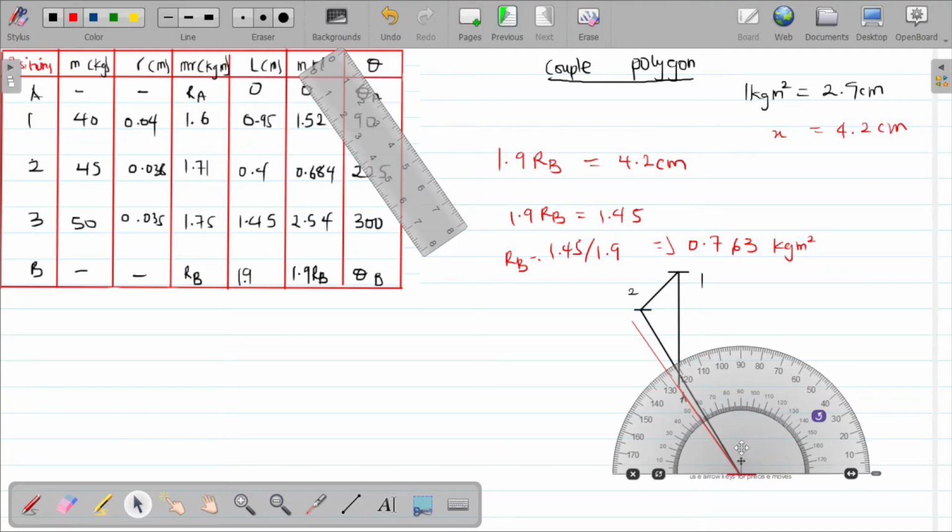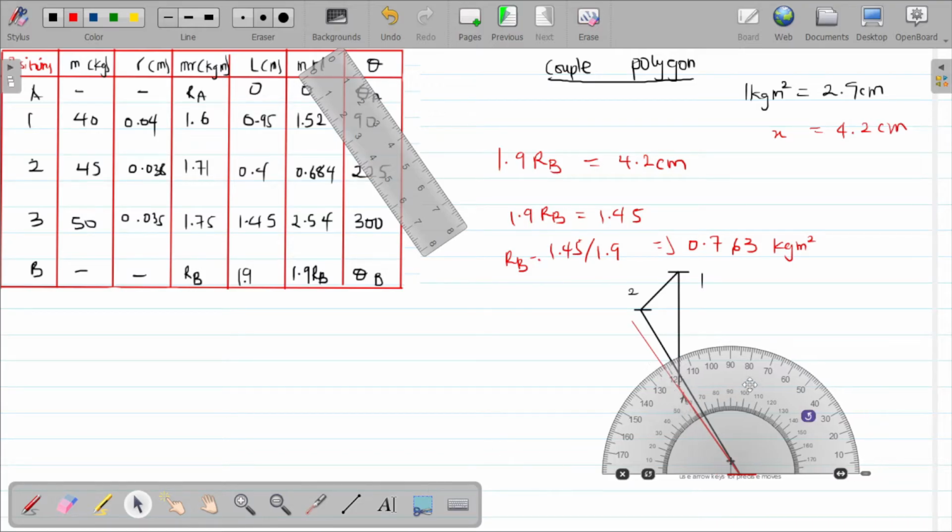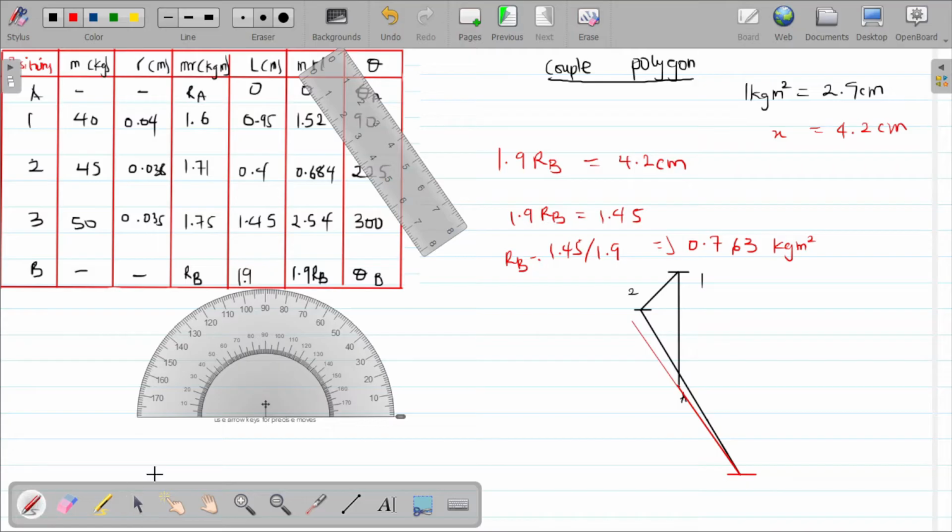Okay, so that gives me 124, right? So you can see theta B from here to here, theta B was what? 124 degrees.